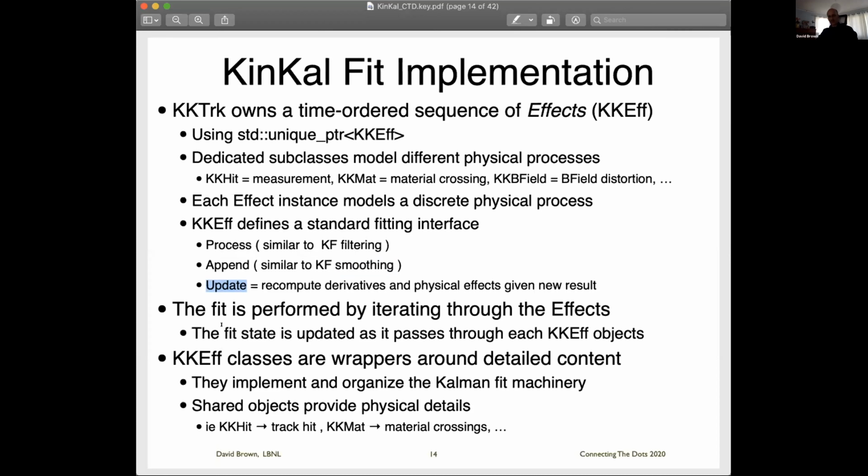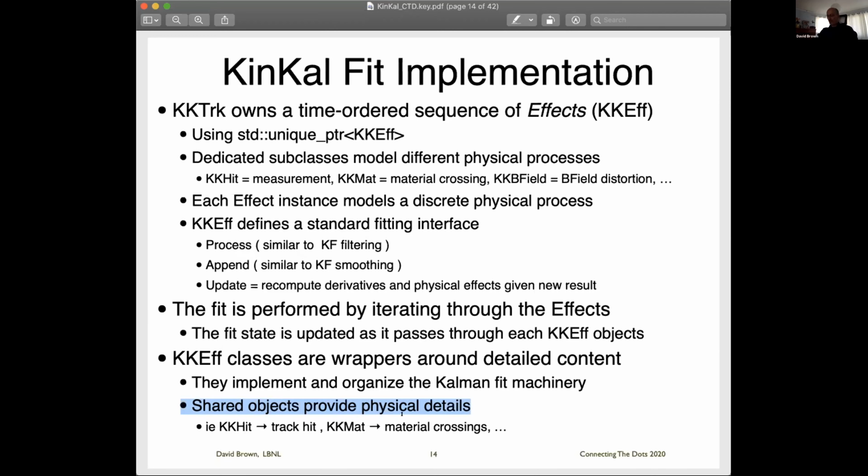The state of the fit is just processed and appended to or updated by each effect object as it passes through. And these effect object classes are really just wrappers. They implement the Kalman machinery, but the actual detailed content describing physical effects and such is done through owned or shared objects that they reference, such as a hit for the KKHit, and a material crossing for the KKMat.